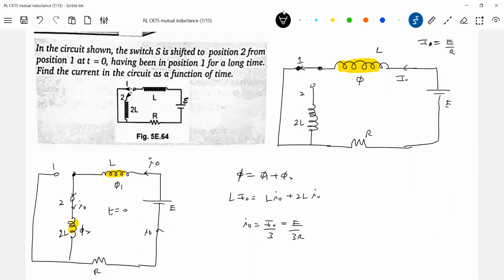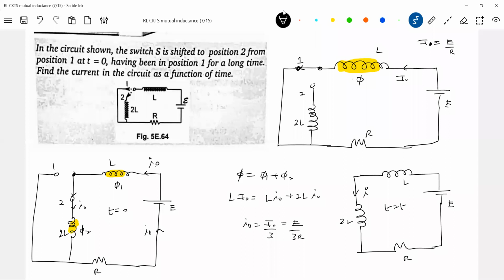Then after any instant of time, let the current be I. So what is the expression for current? But you should take care of the initial conditions.